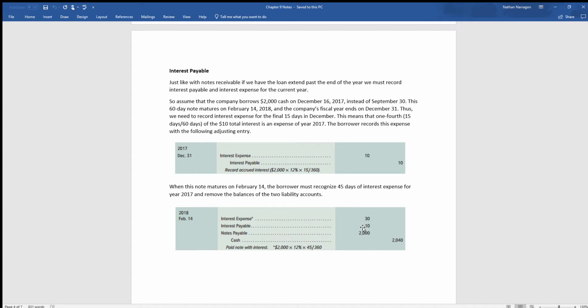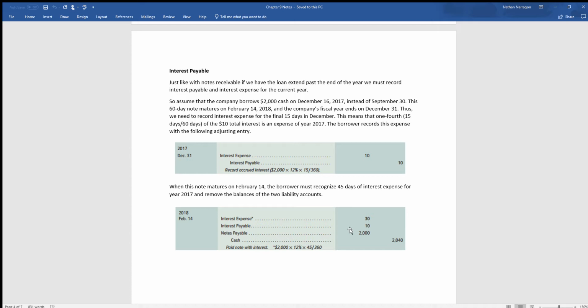Two different accounts here, so you've got to keep them separate. This is the 2018 expense that we get to recognize. This was 2017. Okay? So different years, different amounts to recognize. Since we're paying off the loan, we now get to close out interest payable, which means we have to debit.